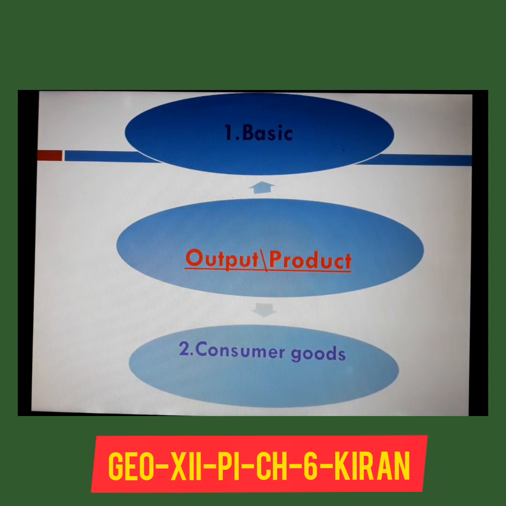Next, we have consumer goods industries where the production is consumed directly by the consumers or the local and the other type of population. The consumer goods industries include biscuit industries, chocolate industries, soap manufacturing, TV, mobile phones, and other types of industries.